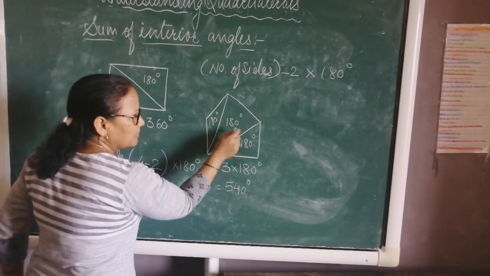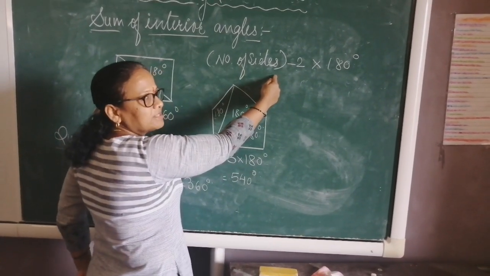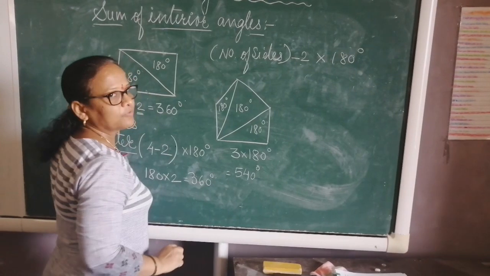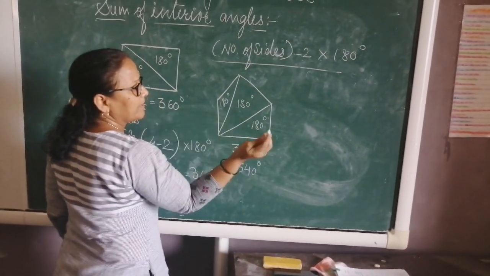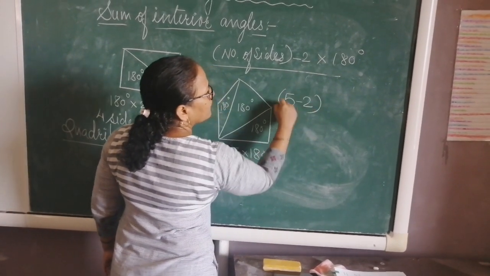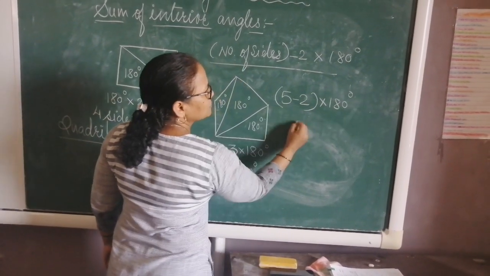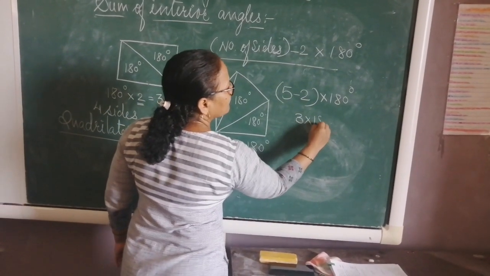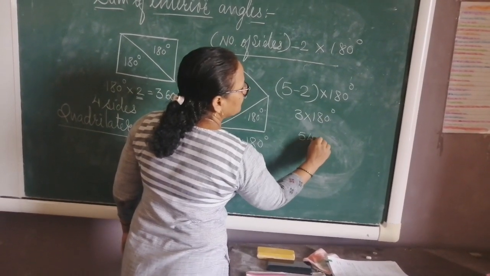But instead of dividing it into triangles, you can directly solve this with the help of the formula. Number of sides: 1, 2, 3, 4, 5. And then 5 minus 2, multiplied by 180. 5 minus 2 is 3, multiplied by 180 is equal to 540 degrees.